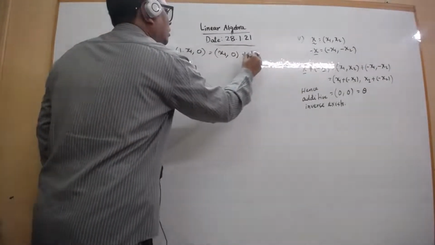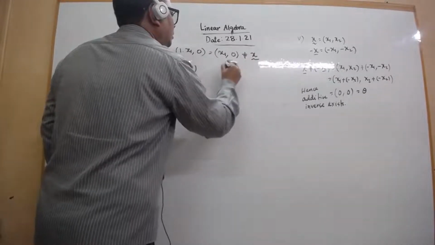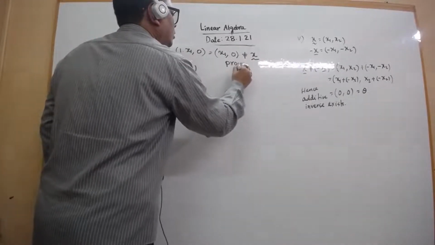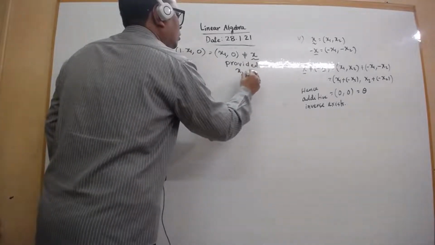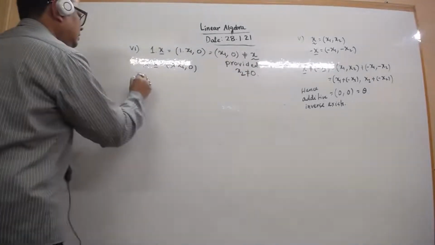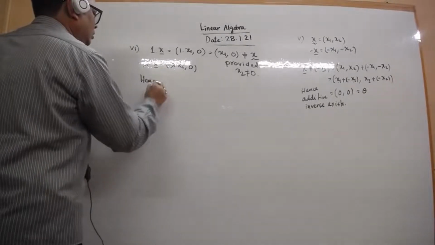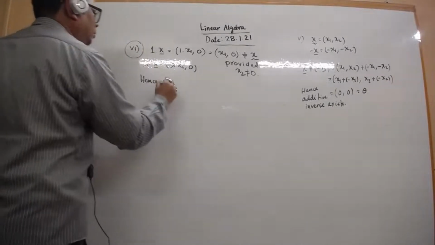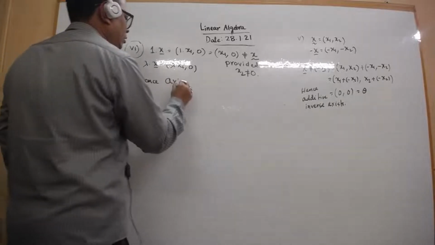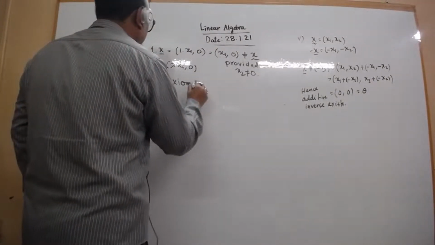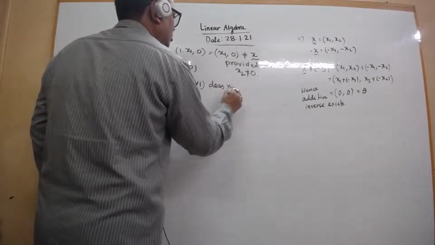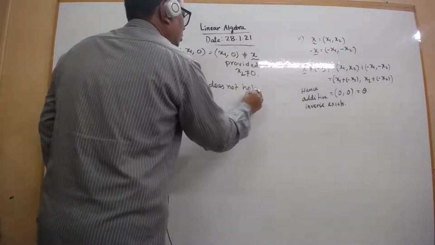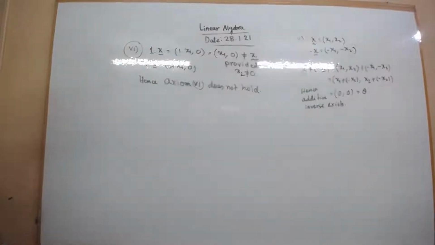This is not equal to x curl provided x2 is not equal to 0. Hence axiom number 6 does not hold.